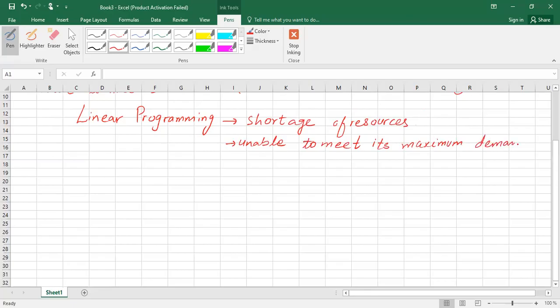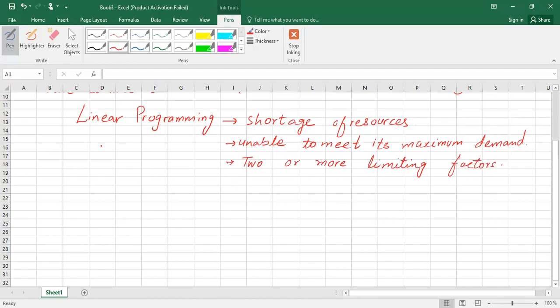Linear programming is the one where a company is facing two or more limiting factors.